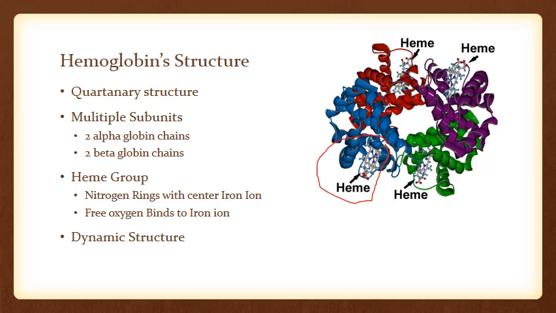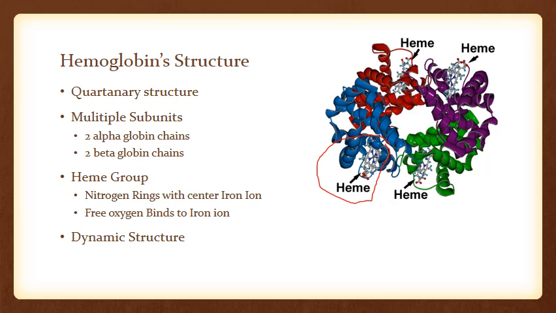Each heme group is a nitrogen ring with a positive iron ion right in the middle. The free oxygen then binds to the iron ion. One unique feature of this heme group is the way the histidine groups are aligned.